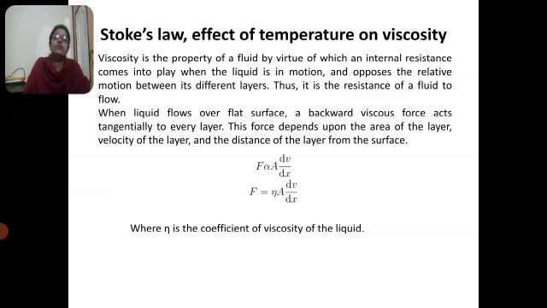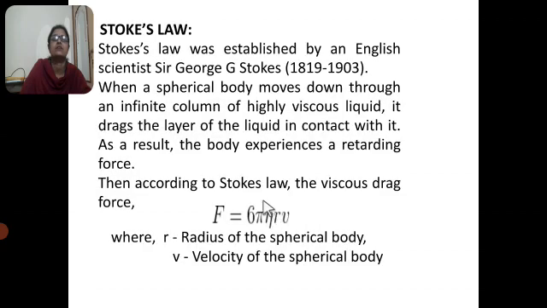When the liquid flows over a flat surface, a backward viscous force acts tangentially on every layer. This force depends upon the area of the layer, the velocity of the layer, and the distance of the layer from the surface, that is F is directly proportional to A dV by dx. Then F equals eta A dV by dx.